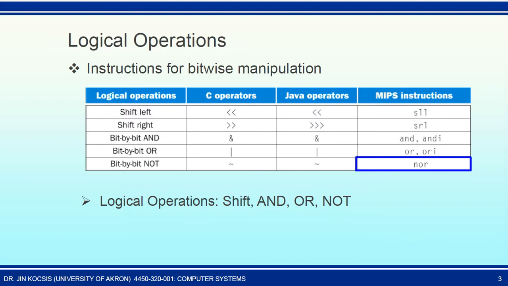Okay, so now let's go back to the original slides. So shift, right? So shift logic, which is shown here, you can shift to the left and you can also shift to the right, right? Therefore, the shift logic includes two types. Shift left logic, which is represented as SLL, okay, and shift right logic, which is represented as SRL.